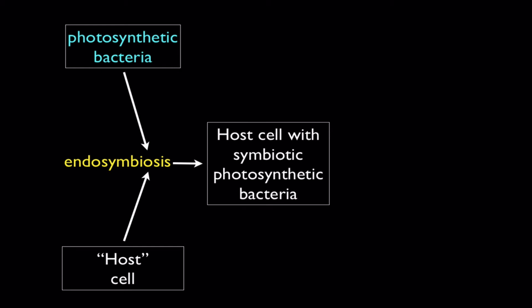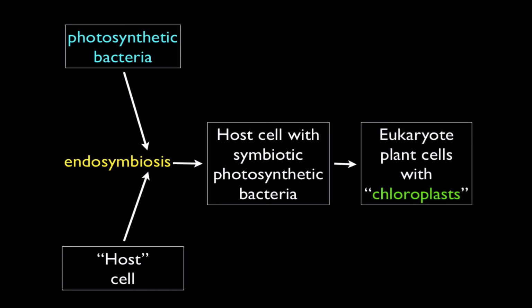And then if you give it enough time, these once free-living photosynthetic bacteria, or cyanobacteria, have actually become what we call today chloroplasts. And they contain the pigments and the membranes and the compartments for doing a process that we call photosynthesis. So this diagram here shows you how we got chloroplasts today from once free-living photosynthetic bacteria, otherwise known as cyanobacteria.